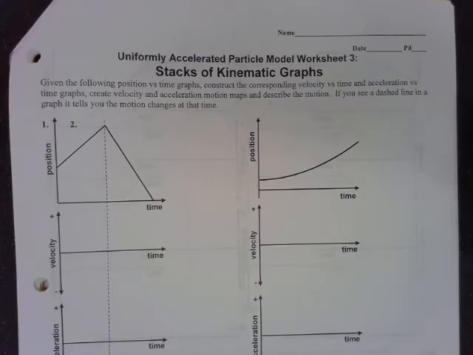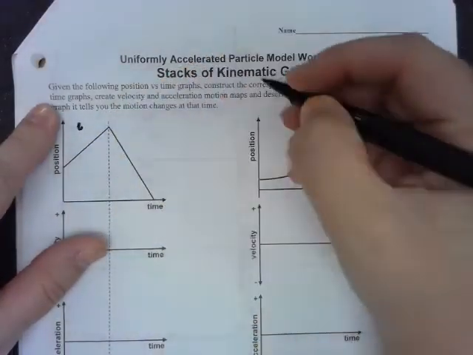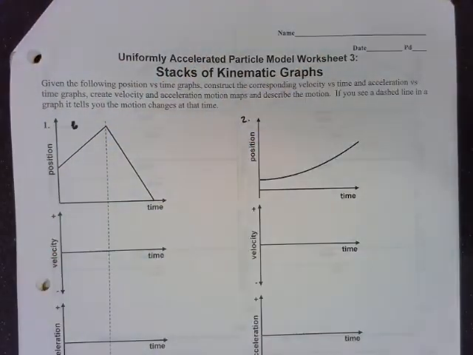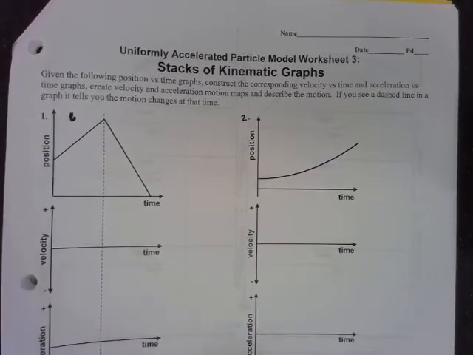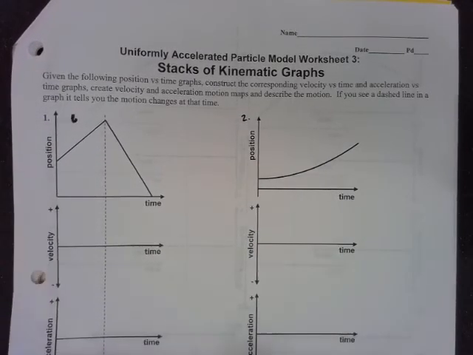Okay. So in order to do this, we're just going to do the same thing that we've been doing. By the way, this number 2 is a typo. It should be over here. All right, so all you need to do for these, you're going to be given one of the representations of motion that we have.